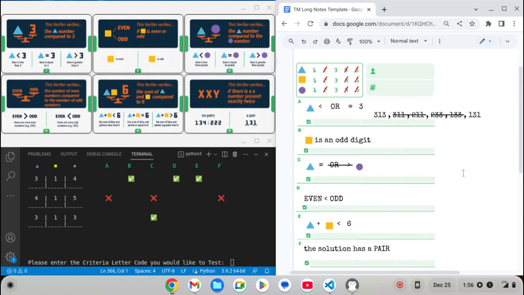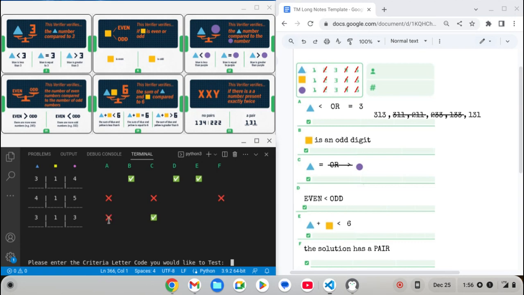Is there anything in the criteria cards that would help us choose? Yeah, I don't see anything other than just having to test criteria card A. So let's do that. Okay, wow, look at that.